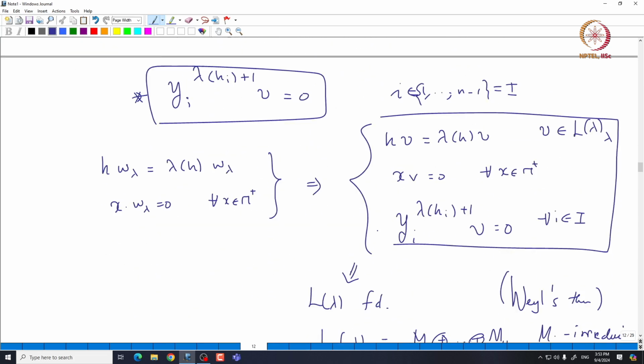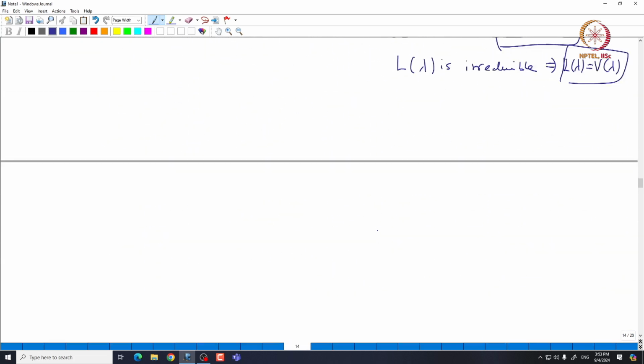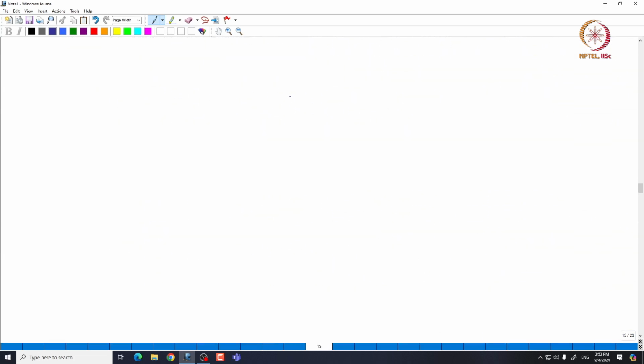So indeed we have the following exact sequence. We have M of lambda, and then we have this V of lambda, and then we have this direct sum of these submodules.